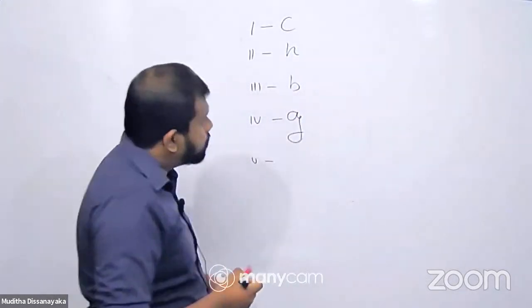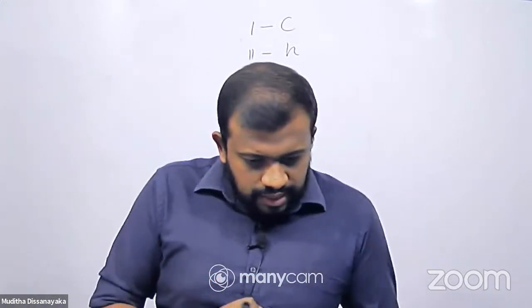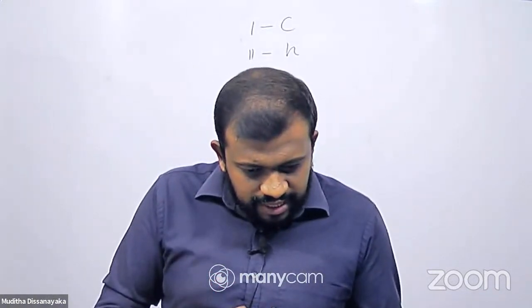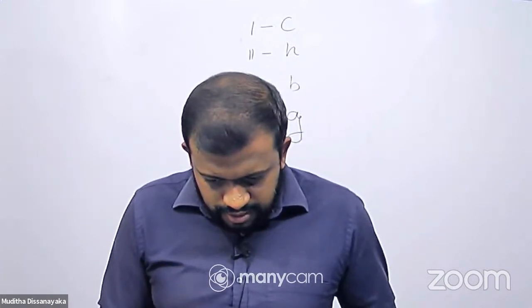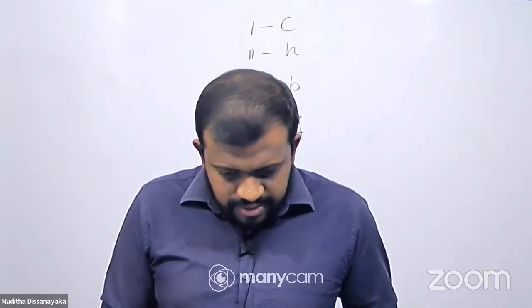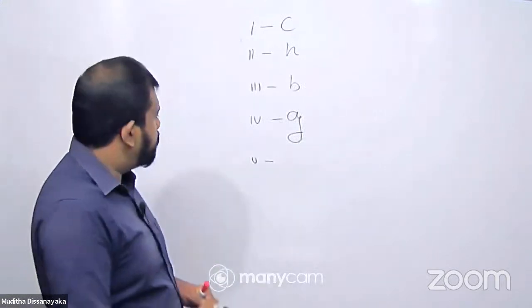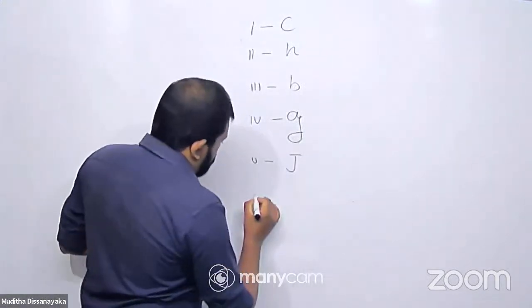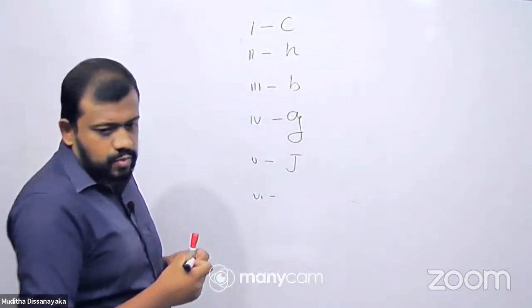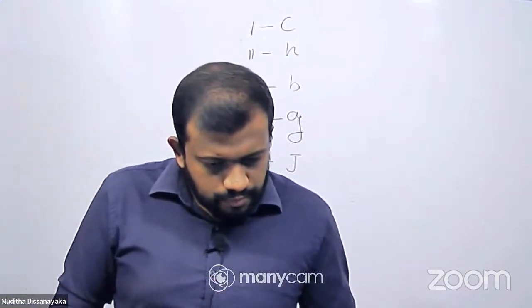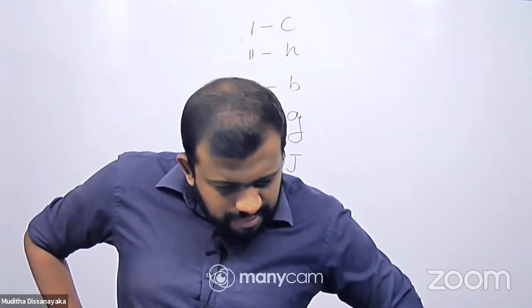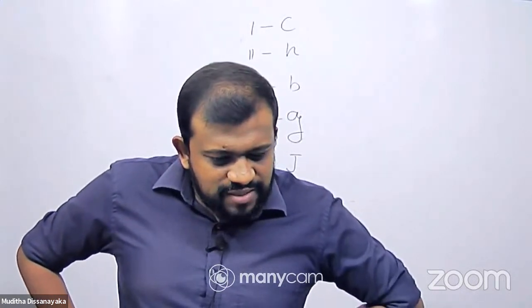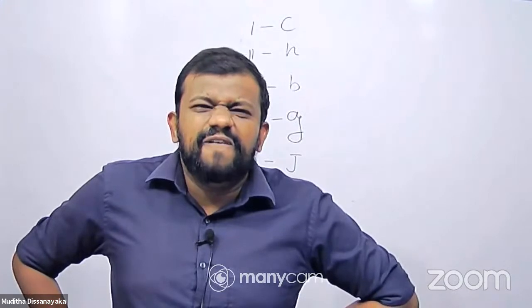Fifth one. Chemical compound in vinegar which contains CHO. Acetic acid. J. Sixth one. This method is used to separate various fuels from crude oil.